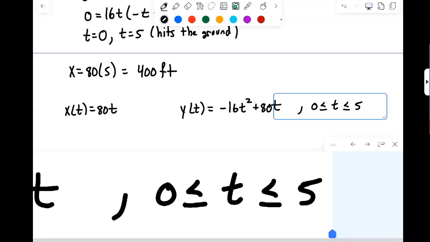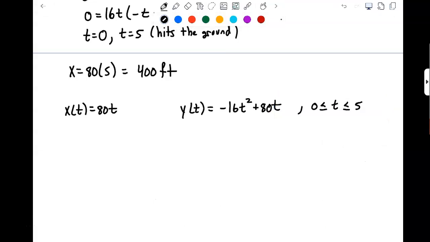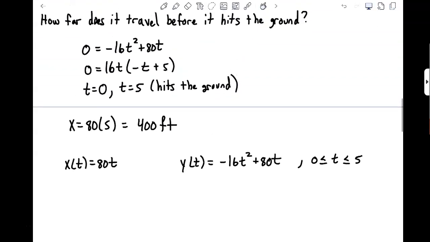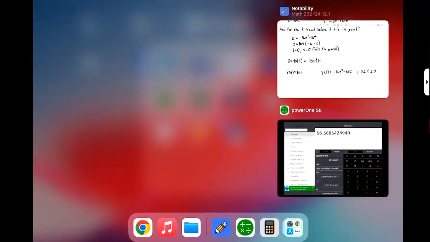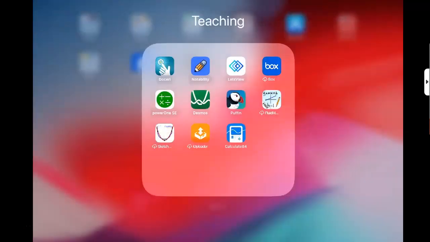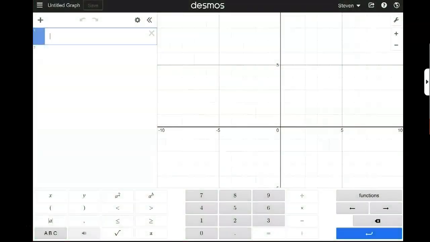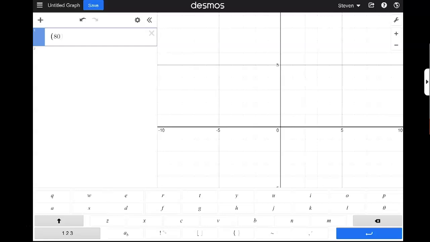Okay, so now, one more thing here. Let me just show you how this works. Using Desmos, we can actually graph these things. You can also graph them on graphing calculators. The way we graph a parametric equation on Desmos is by constructing an ordered pair, and then we type in the variables in terms of the parameter t.